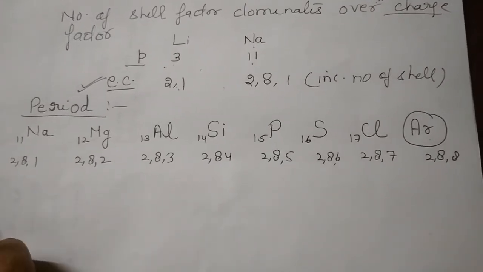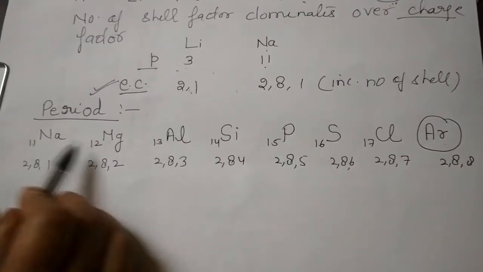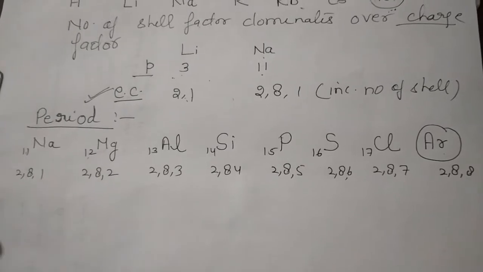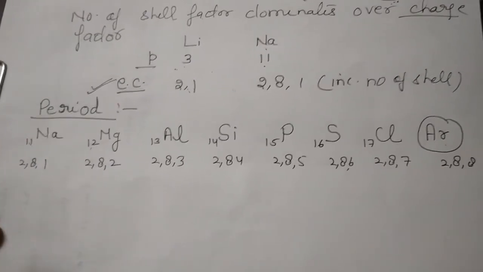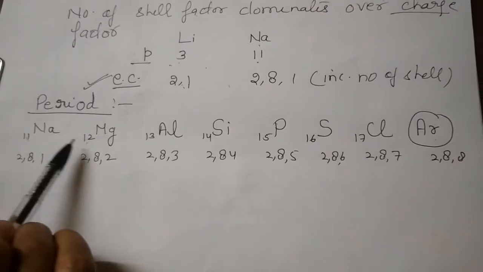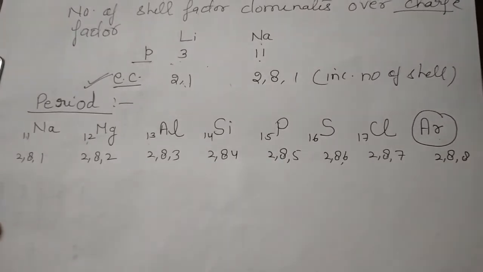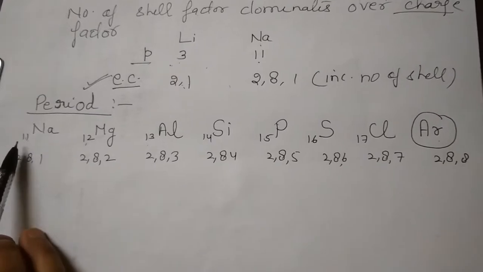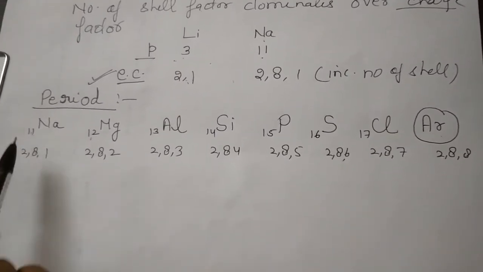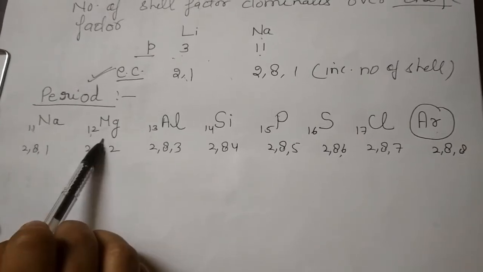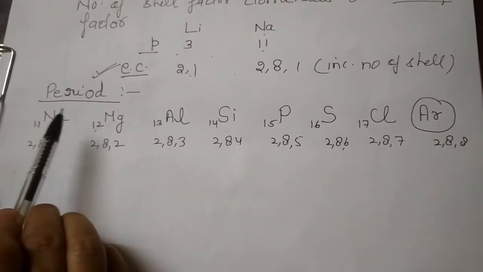Now the second factor on which size depends is the nuclear charge. Nuclear charge means, as I told you, the number of protons inside the nucleus. Number of protons means their atomic number, as you know. So you can see easily how the atomic number is increasing one by one here. When we move from sodium to magnesium, the atomic number increases by 1.